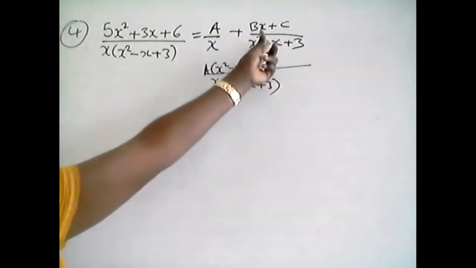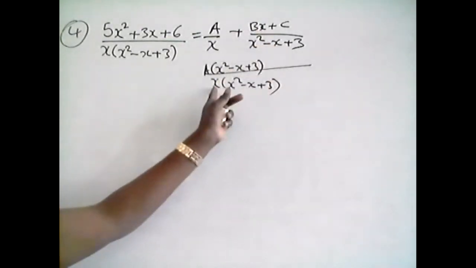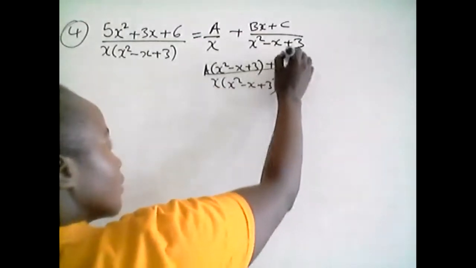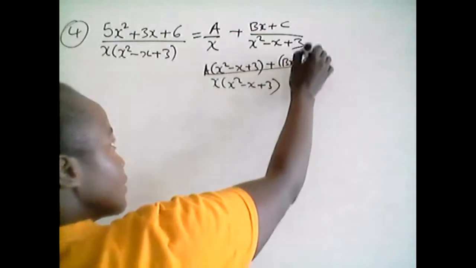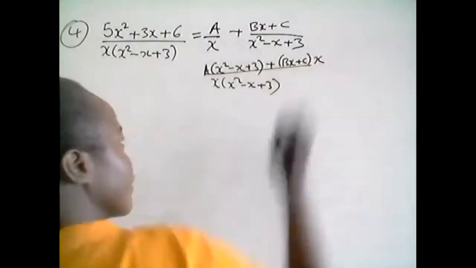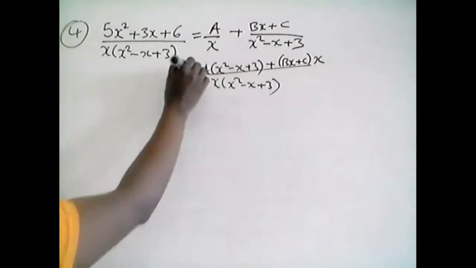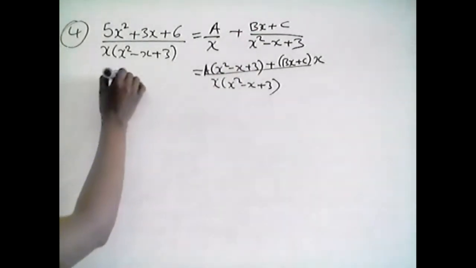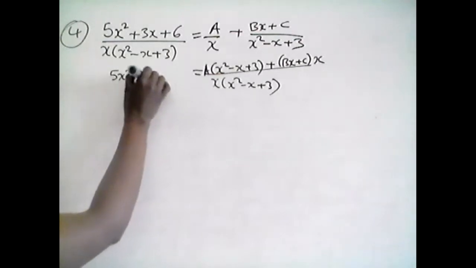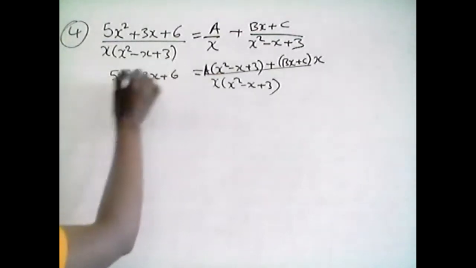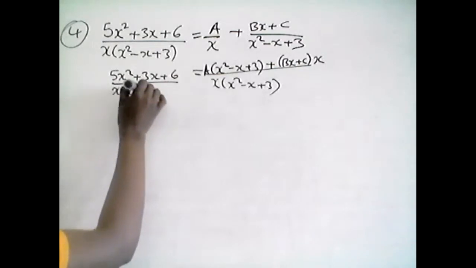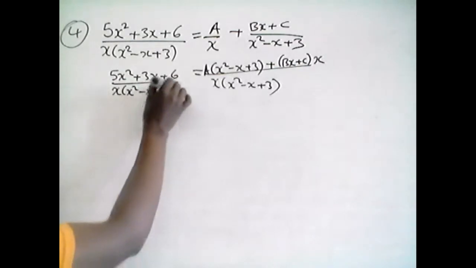This divided by that, this will cancel, we're just going to remain with x this side. So it will be plus, open bracket, bx plus c, multiplied by x. This is equal to 5x squared plus 3x plus 6 over x squared minus x plus 3.